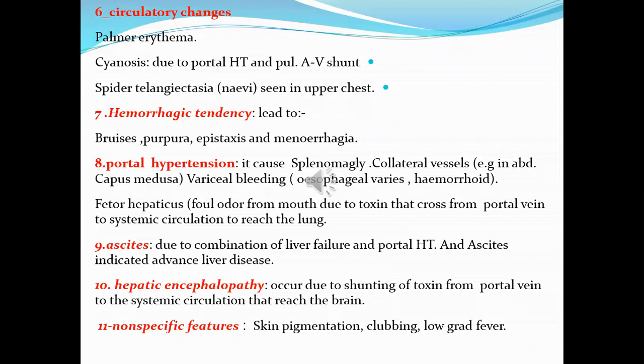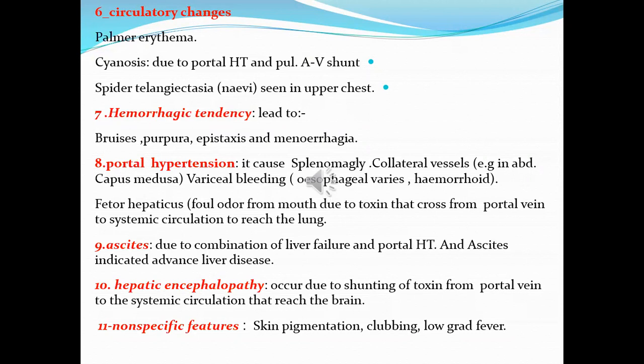Another is hepatic encephalopathy. Hepatic encephalopathy occurs due to shunting of the toxin from the portal vein to the systemic circulation, not filtered by the liver. When the liver fails, all nitrogen substances absorbed from the intestine pass directly to the systemic circulation and are not detoxified in the liver.